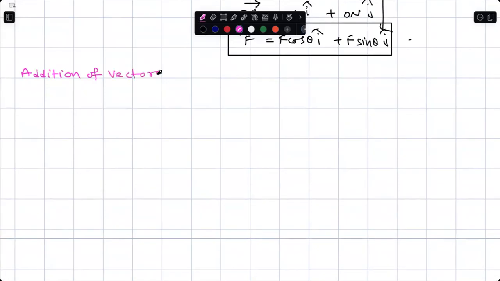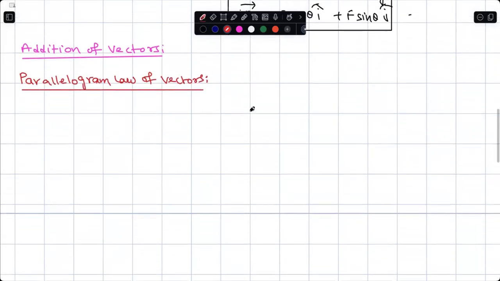For addition of two vectors, you will use either the triangle or the parallelogram law of vectors. First, let us deal with the parallelogram law of vectors.